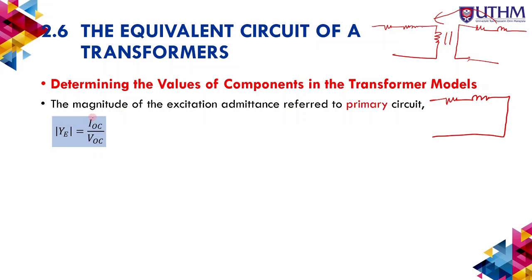So I open circuit, yang kita measure kat menggunakan ammeter, and then volt open circuit, voltmeter lah. Okay, so dia macam V equal to IR lah. Kalau lupa kan, senang je, V equal to IR kan.